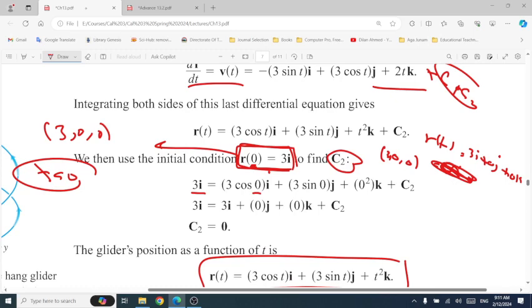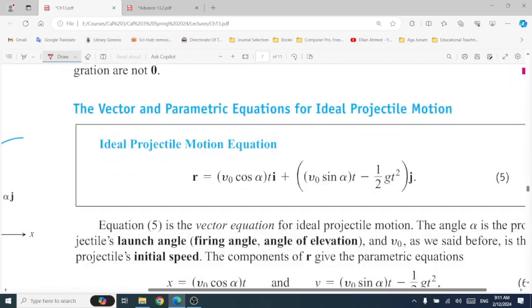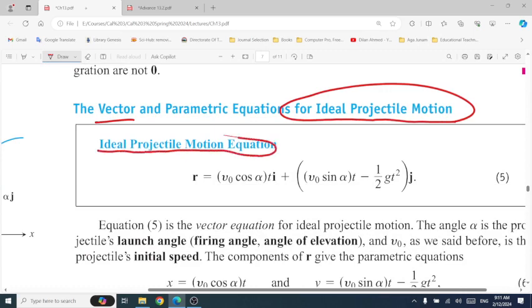Good. Last thing in this section, we have ideal projectile motion. Look at the equation. This one looks like cosine.